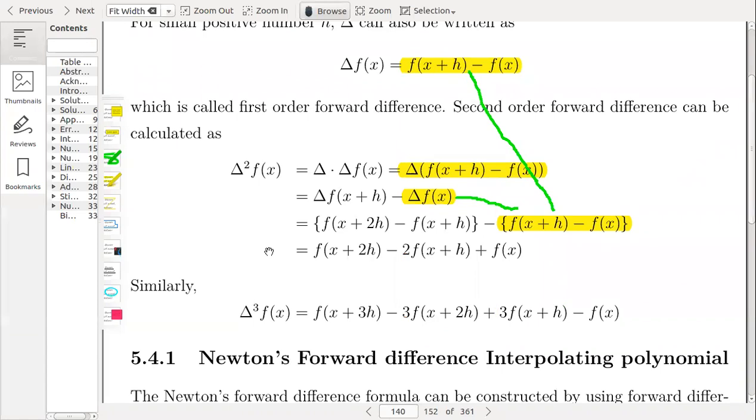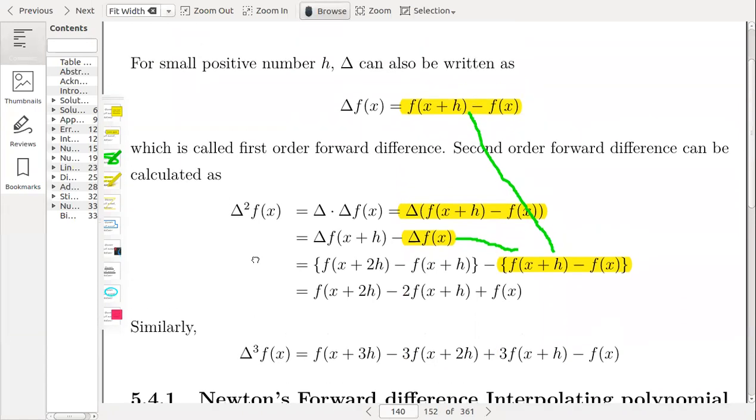Similarly, we can compute delta of order 3. So delta cube f of x can be written as f of x plus 3h minus 3f of x plus 2h plus 3f of x plus h minus f of x.